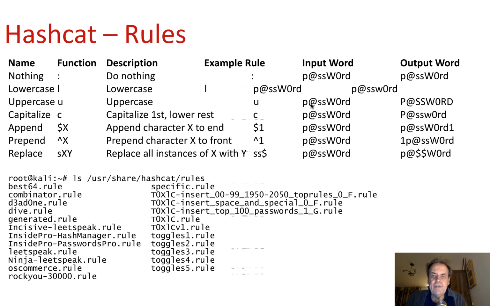We can capitalize just the first letter if we need to. We can append a number or something on the end, and we can prepend something at the start. And we can also replace parts of it too. There's a number of pre-prepared rules that we can actually use inside Hashcat if required.